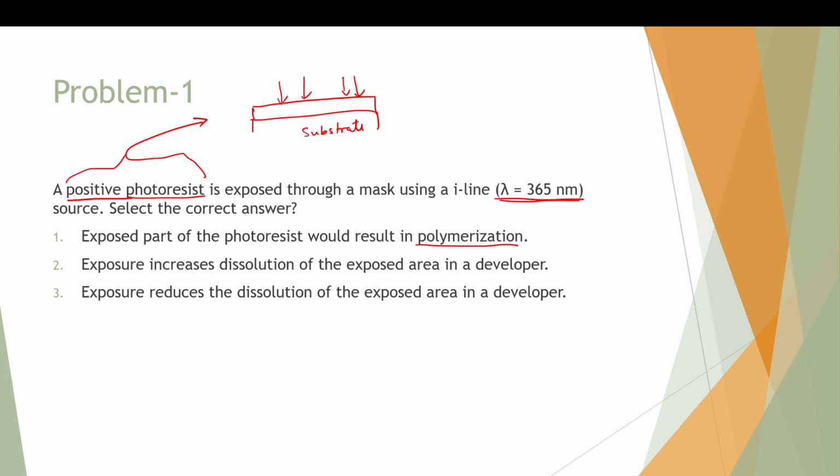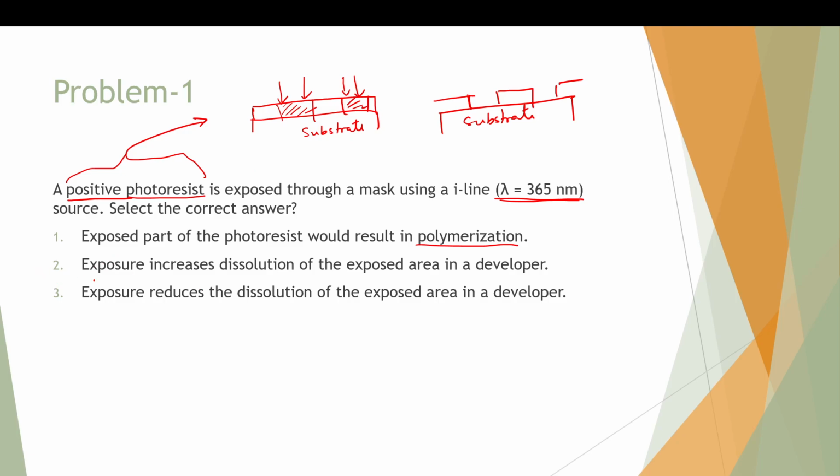In case of positive photoresist, these regions will become more soluble in the developer. So when I develop this sample, what I'll get is something like this. These regions will become open. So that's how we define a positive photoresist.